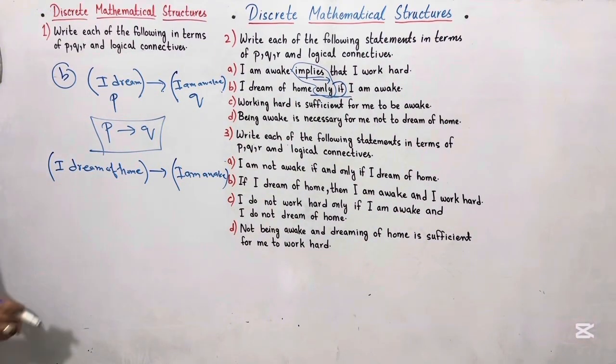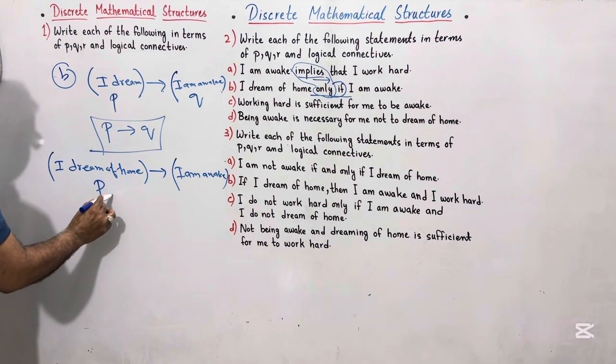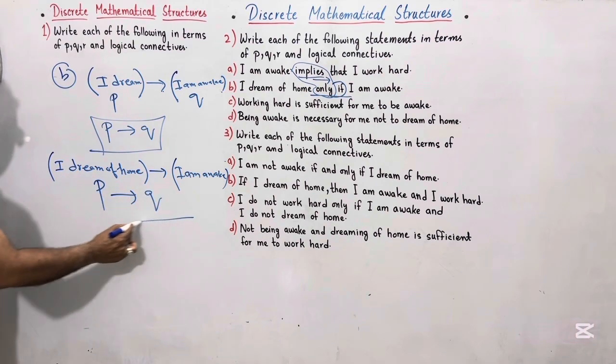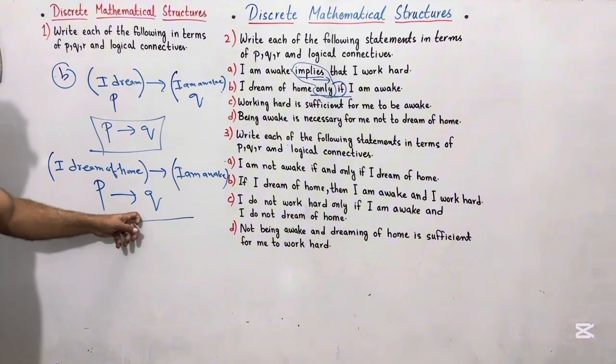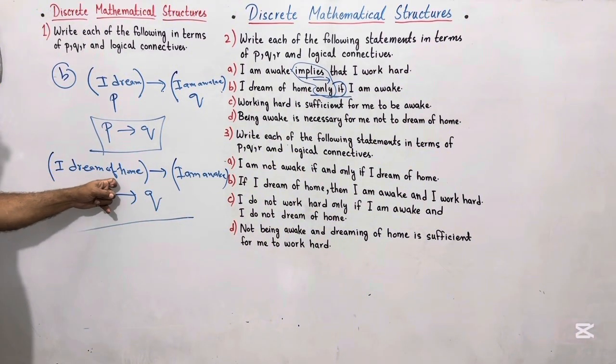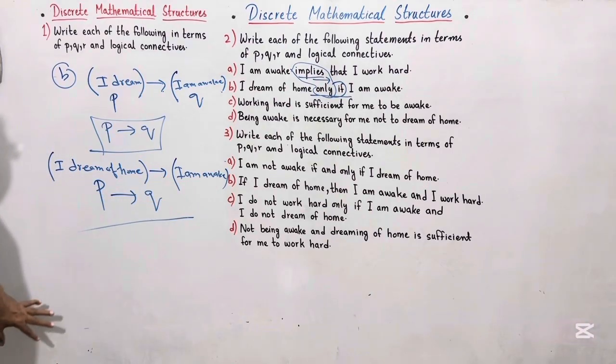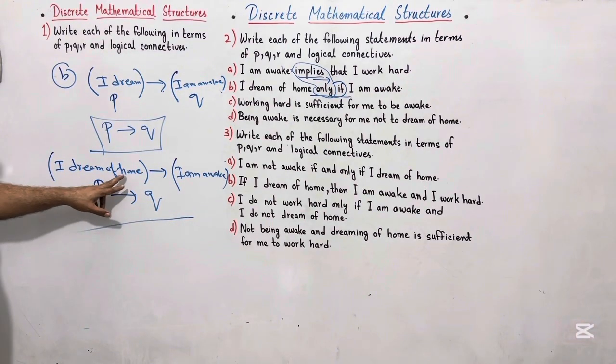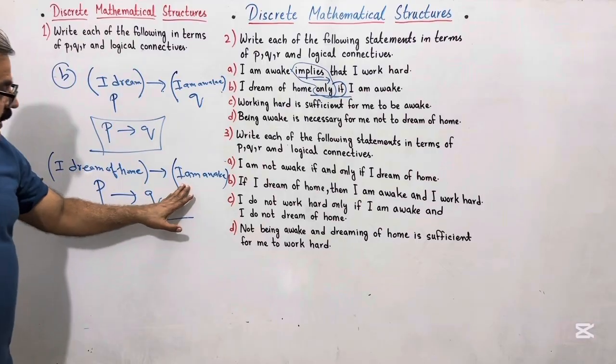Now it's up to you. Name them. It's all P implies Q. Here our implication is I dream of home implies I am awake. We have assumed that our P is I dream of home and Q, I am awake.